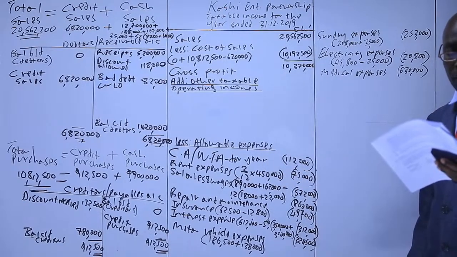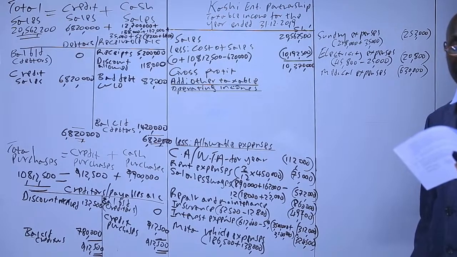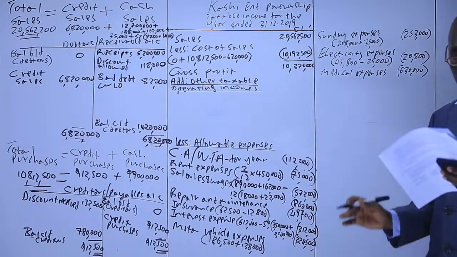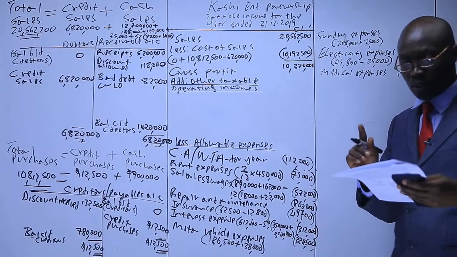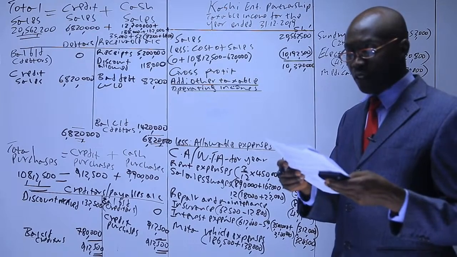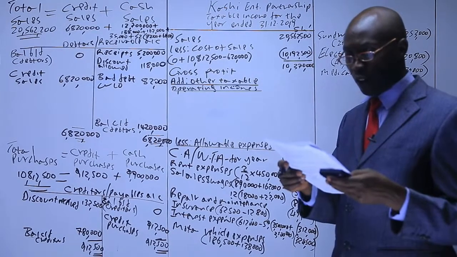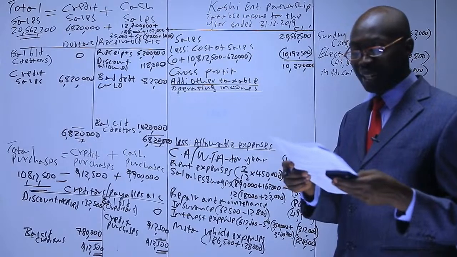Then number 5, as at 31st December 2019, the amount owed to supplier was 780, while the amount owed by customer was 1,420,000. Actually, there's additional information we jumped. We jumped number 2. During the year, discount received from the supplier amounted to 132,500, while the discount allowed to customers amounted to 118,000.